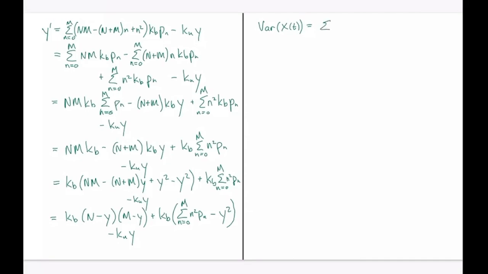We have the sum from n equals 0 to capital M of n minus the expected value of n, all squared, multiplied by the nth probability. Right? It's your state minus the expected state, squared, multiplied by the probability of that state.